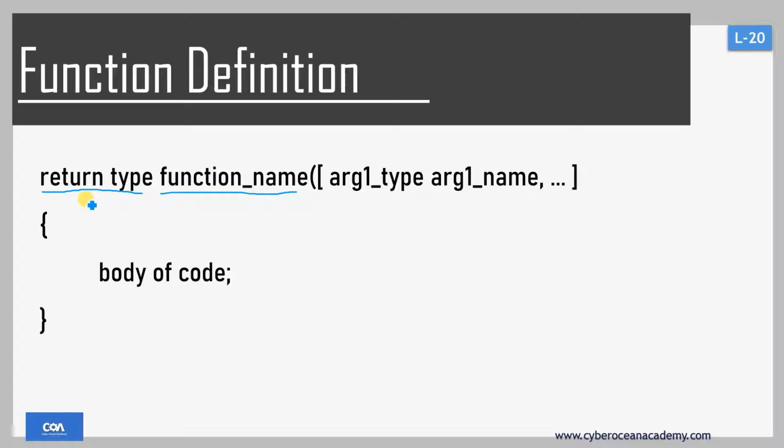And here we replace the return type with a data type like int. Suppose int function name, that means this function will return some value. And every time you write a return type, the return statement of that function will return only a single value or an expression. We will discuss it later.